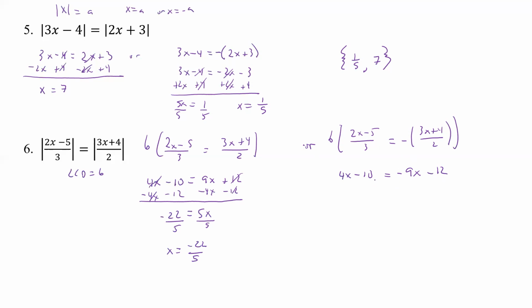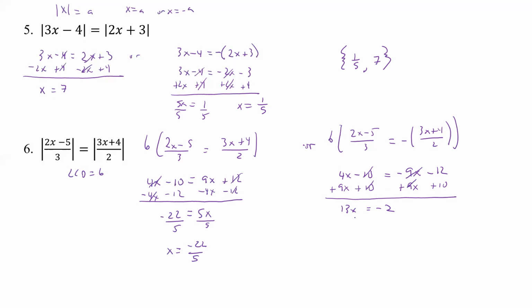Now let's say we want to get a positive x again. So this time we'll have to add 9x. And this time we'll have to add 10. Okay, so that's gone. That's gone. So 9 plus 4 is going to give us 13x. Minus 12 plus 10 is going to give us a minus 2.